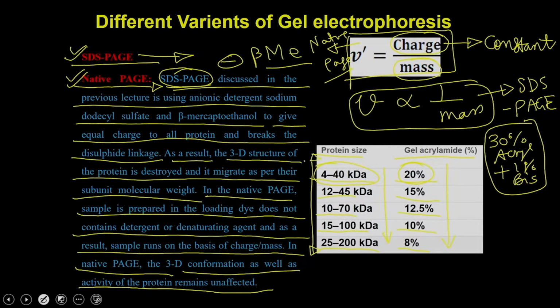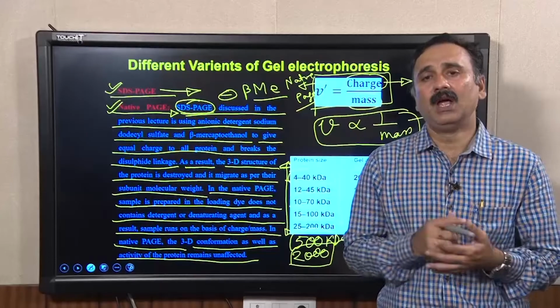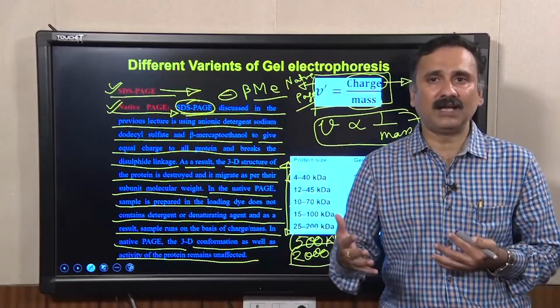So, from a practical reference point of view, these values are being utilized. People have done different types of experiments, and that is how they came up with these values. But the problem comes when you have to resolve a protein of 500 kDa, or even a 2000 kDa protein, or multimeric protein complexes. How are you going to resolve that?